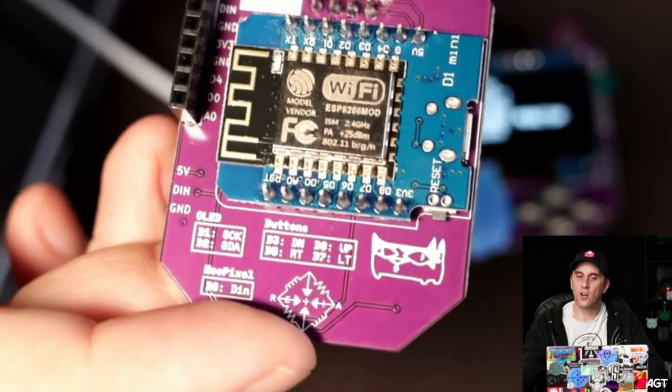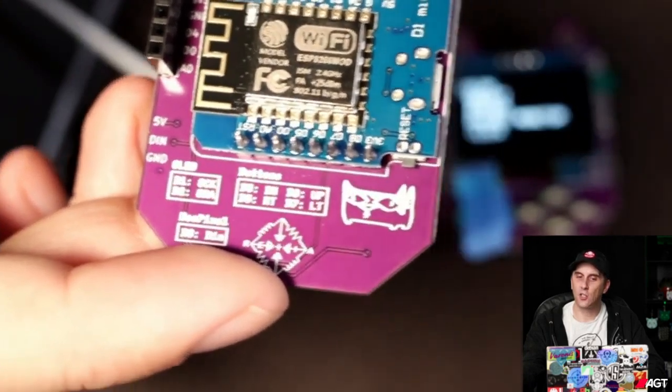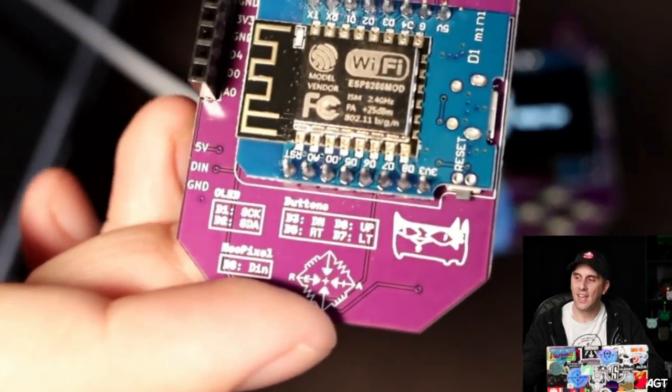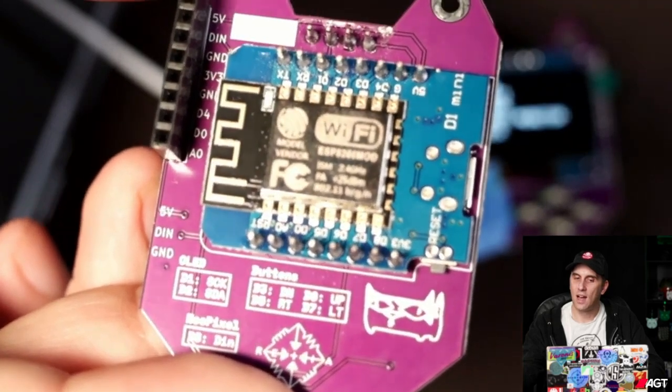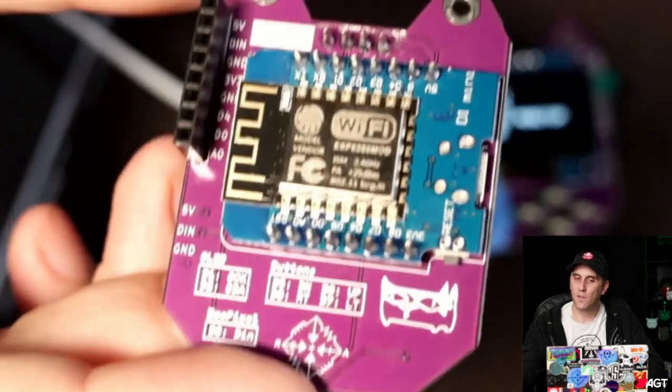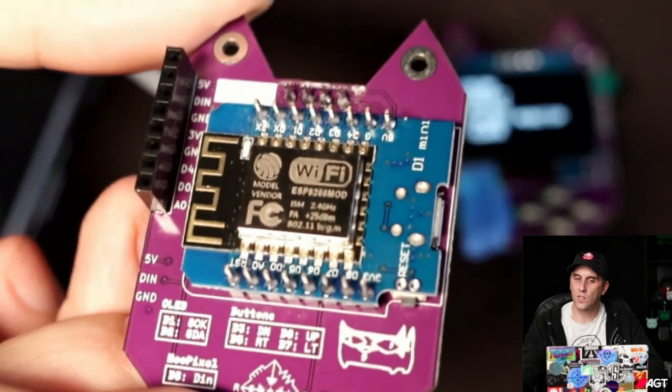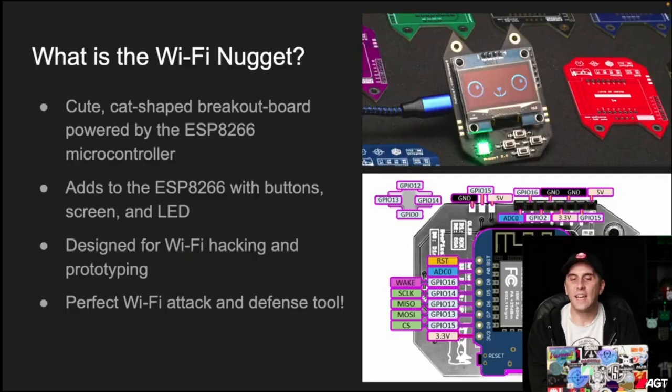And that has been soldered onto a slightly larger board, and that larger board is what actually makes it accessible for people to do hardware hacking with and all sorts of other cool things. So we've added a screen, buttons, and GPIO pins on the back in order to make this breakout a little bit easier to use.